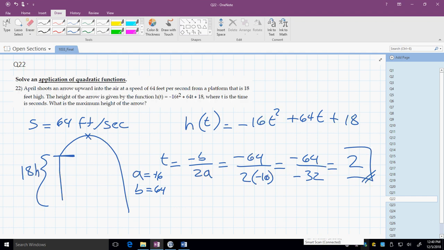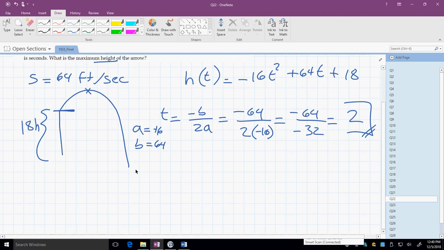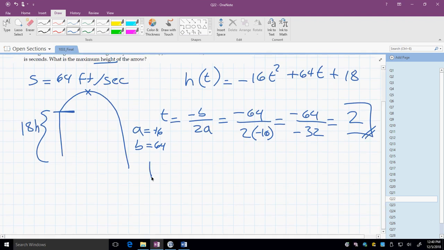If you divide 64 by 32, you get 2. It's a positive 2 because a negative with a negative gives you a positive. They're asking for the maximum height, so I need to take the 2 and plug it in the original function. So height of 2 is negative 16 times 2 squared plus 64 times 2 plus 18.